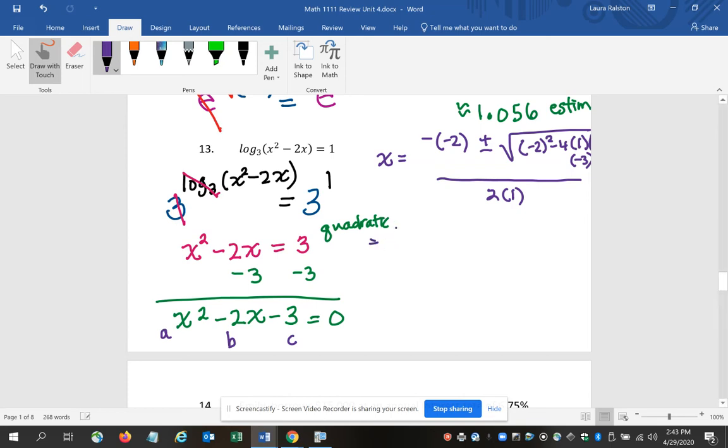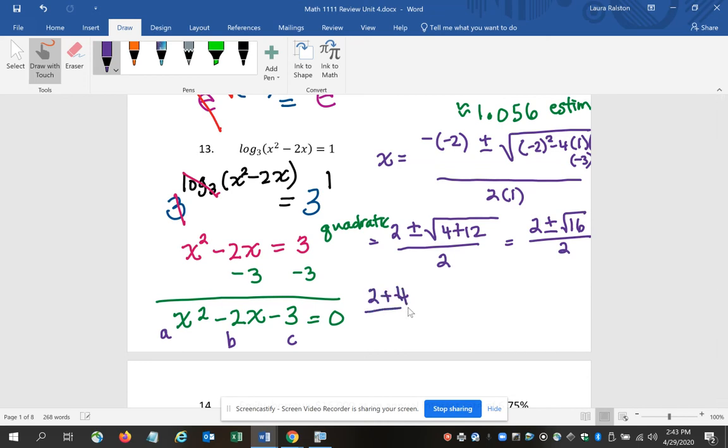So that gives me 2 plus or minus the square root of 4 minus 4 times 1 is -4 times -3 is +12, over 2. So I have 2 plus or minus the square root of 16 all over 2. 16 is a perfect square.